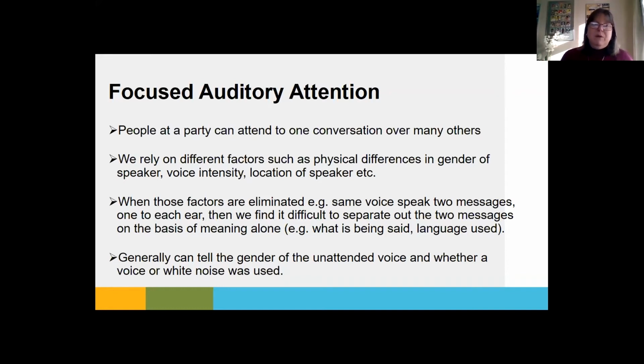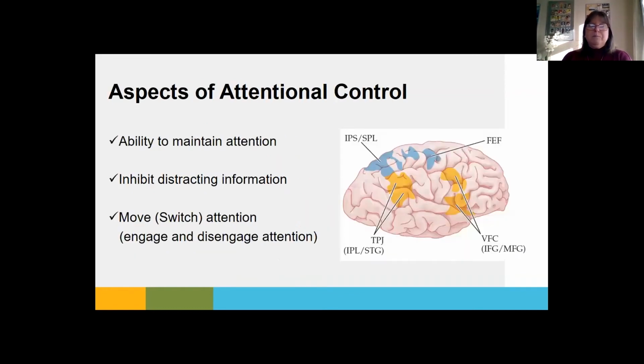We might be able to pick up, for example, whether it's an actual voice versus, let's say, white noise or music. We might also be able to pick up whether it's a female or a male voice, but that's generally about it. So we have these conundrums that we're trying to resolve when we think about how attention actually works.